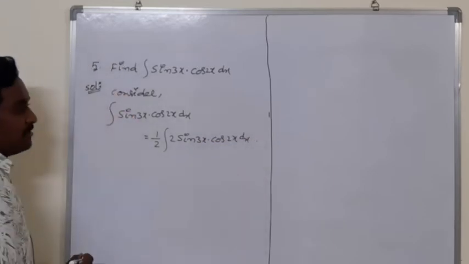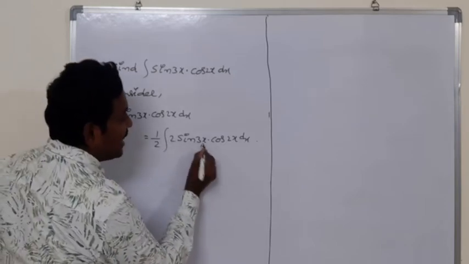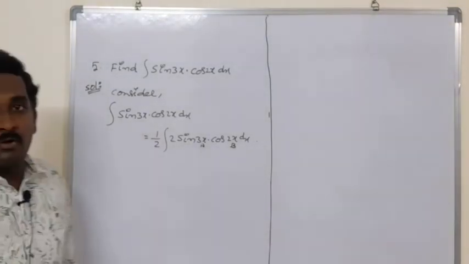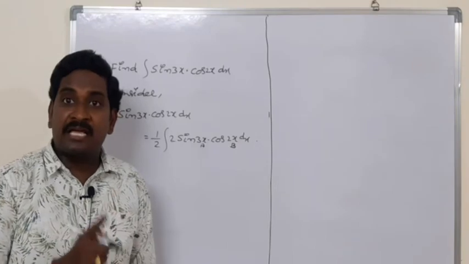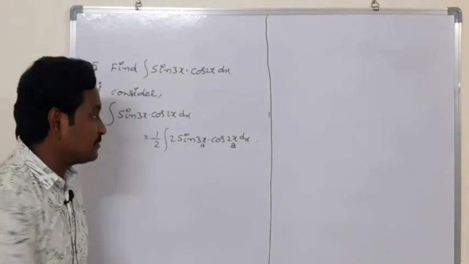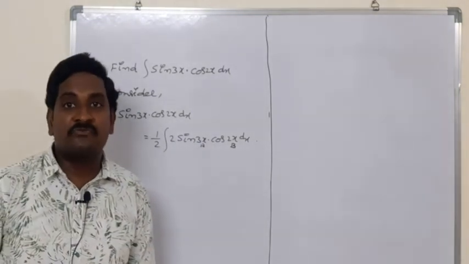Now clearly we are observing that the inside function is in the form of 2 sin a cos b. So remember one thing, whenever inside the integration two terms are in product, especially sin and cos, we can apply trigonometric transformation formula.